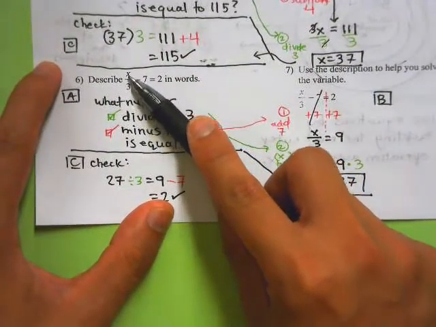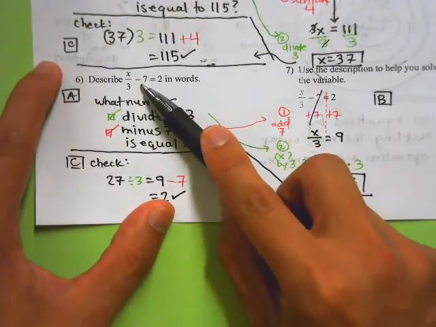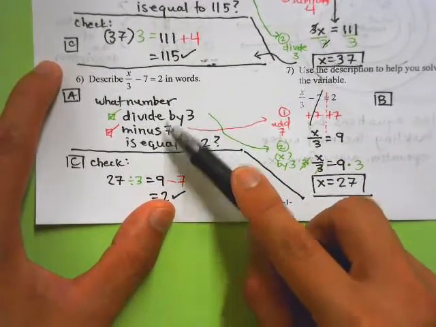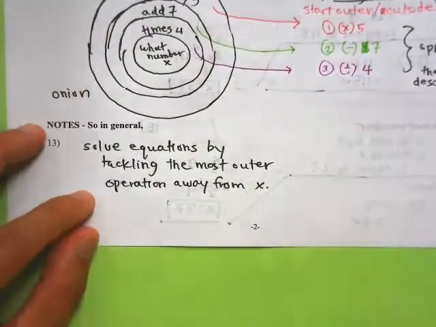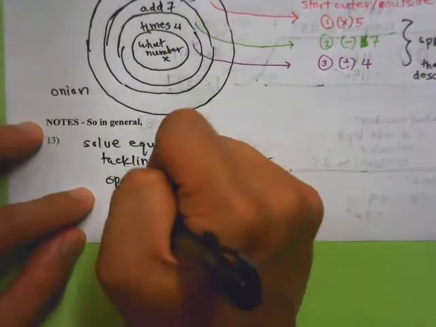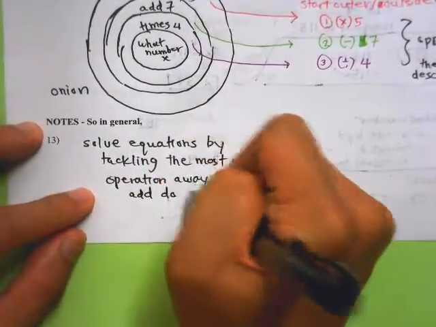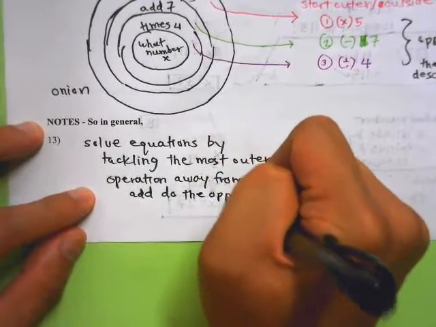The divide by 3 is still with the x, but the outer operation is this minus 7. That's why we tackle the minus 7 first, and we do the opposite: plus 7 on both sides, okay? So solve equations by tackling the most outer operation away from x and do the opposite. That's my general rule.